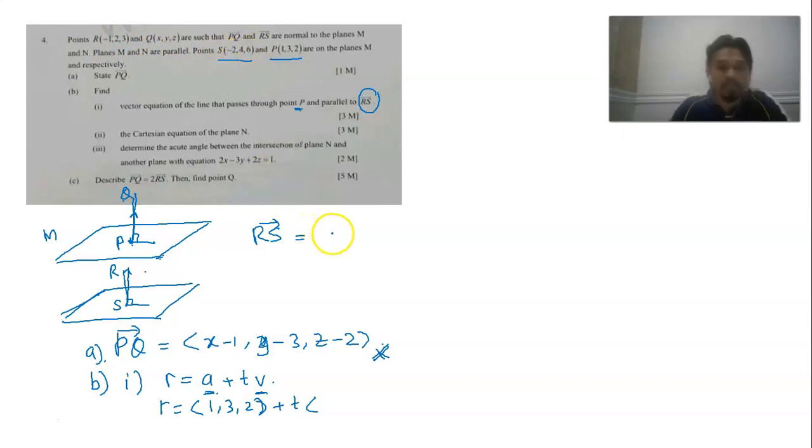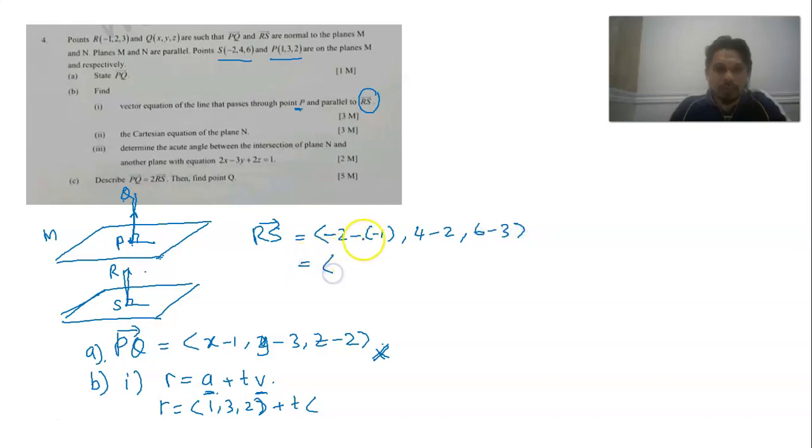Okay, so then RS, where S was negative 2 minus negative 1, 4 minus 2, and 6 minus 3.